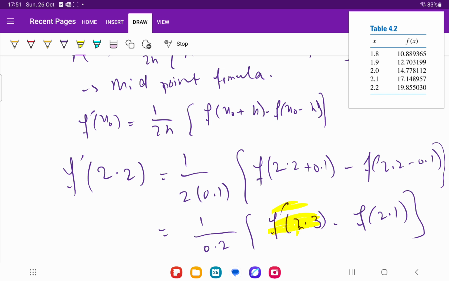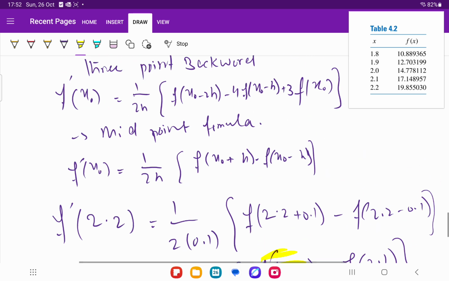For 1.8 we cannot apply the backward formula and midpoint formula, and similarly for 2.2 we cannot apply the midpoint formula and forward formula, because we don't have 2.3, which we would need.